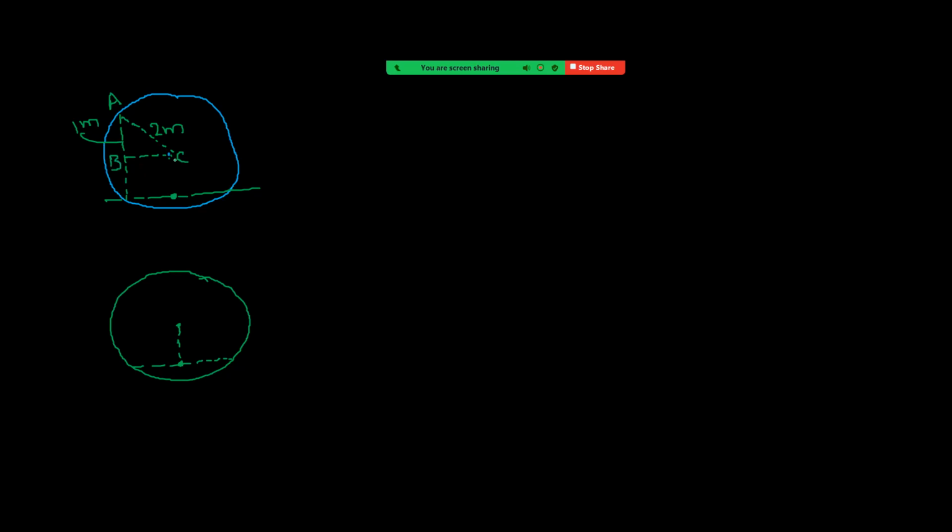So what is BC value? BC length will be, this is 1, this is 2. 4 minus 1, 3. This is root 3. So BC length is root 3 meter. Now this point B comes to here.